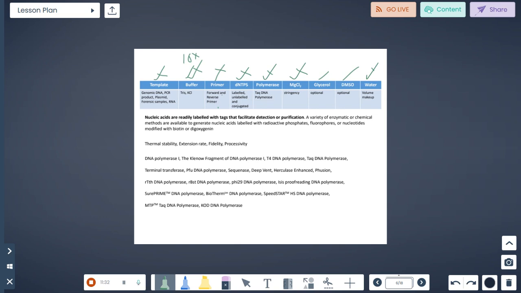In the case of dNTPs, the dNTPs are the building blocks of double-stranded DNA. There you can use either free dNTPs, labeled or unlabeled dNTPs, or conjugated dNTPs, depending on the purpose. Suppose you are doing probe preparation, you will use labeled dNTPs.